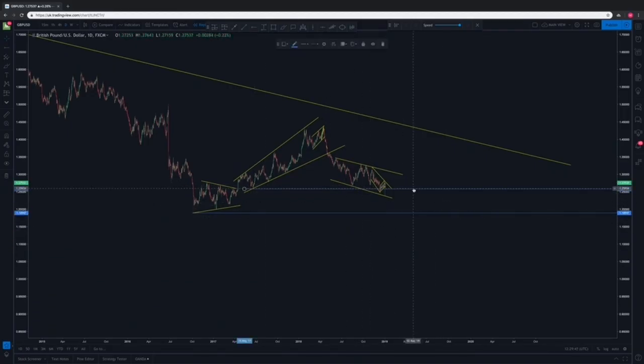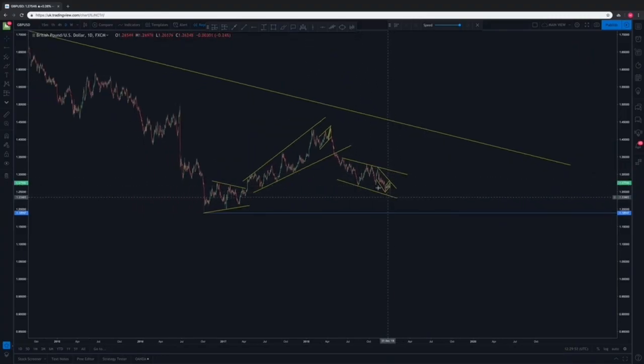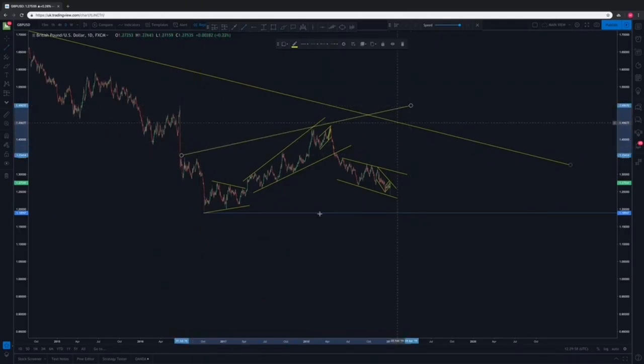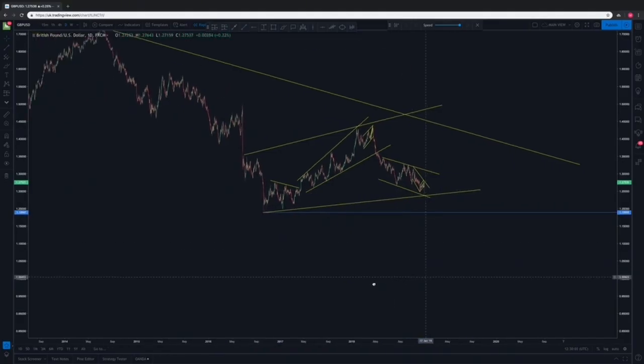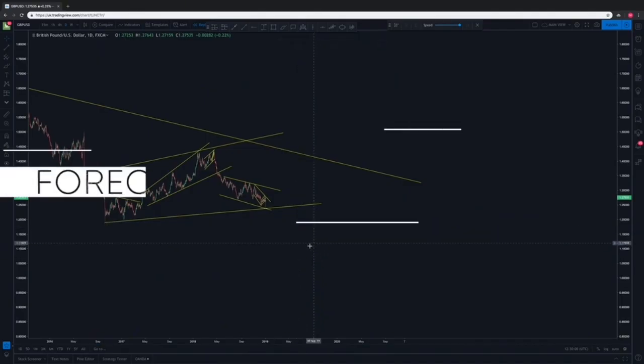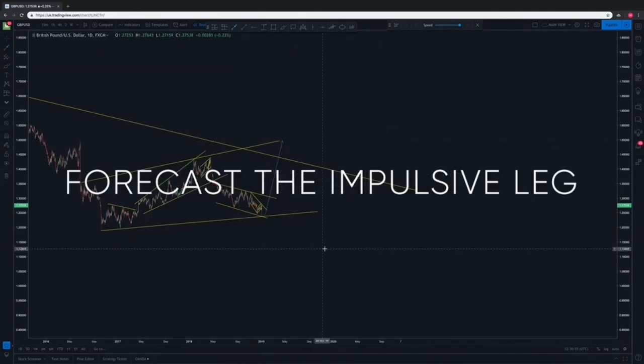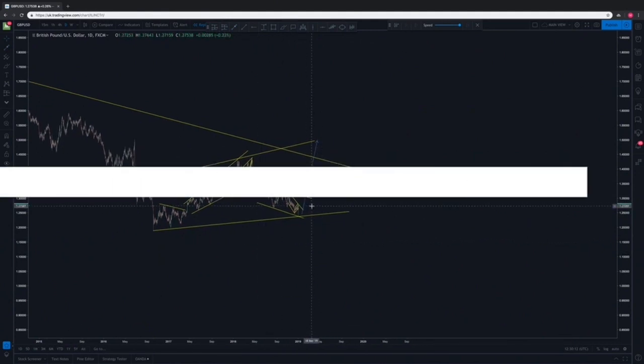And especially if we combine it with this wick that we're getting here and this momentum, this descending structure, this could be the point in which we evolve into that type of pattern and we get a much larger structure like this. And then this becomes the move longer term to the upside to create those new highs up here, which would make sense now when we're looking at that structure.